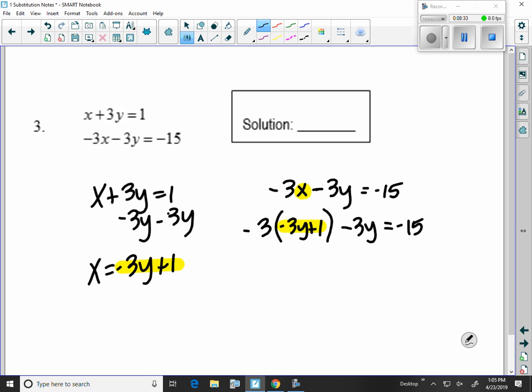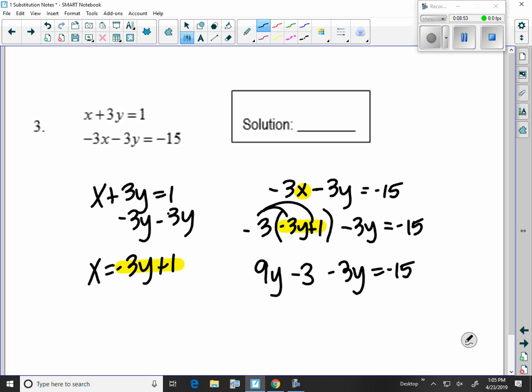Okay, now we're going to solve for y. What do I do first here? Yep, distribute that negative 3. So I would distribute my negative 3, and then what?